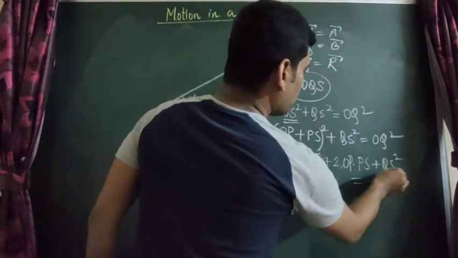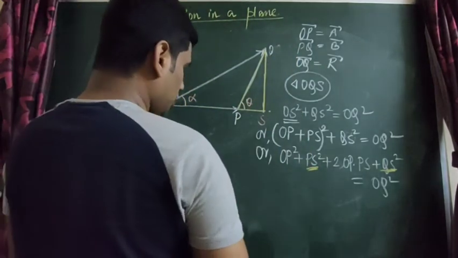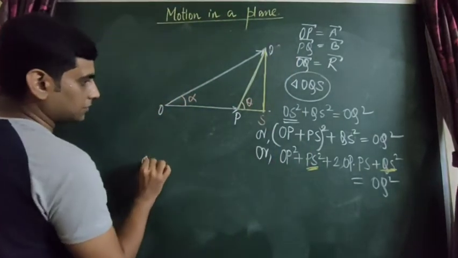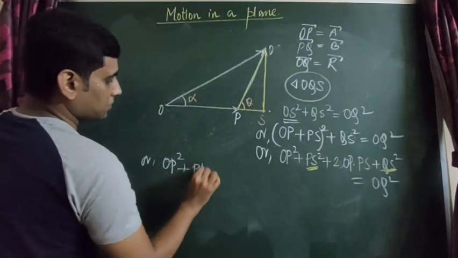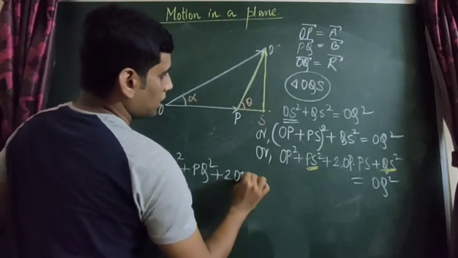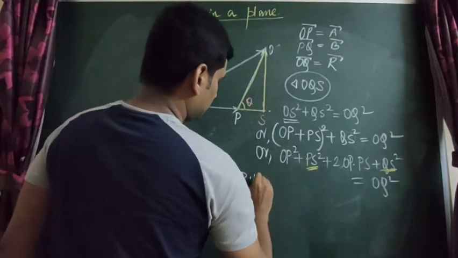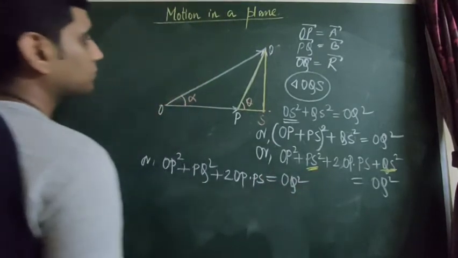So in place of QS square and PS square, I will write PQ square. So this equation can be written as OP square plus PQ square plus 2 into OP into PS equals OQ square. Fine.